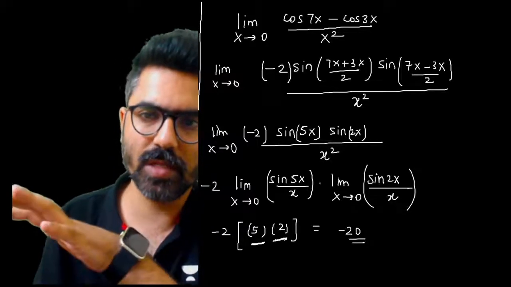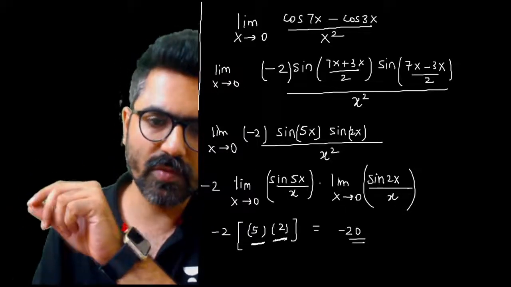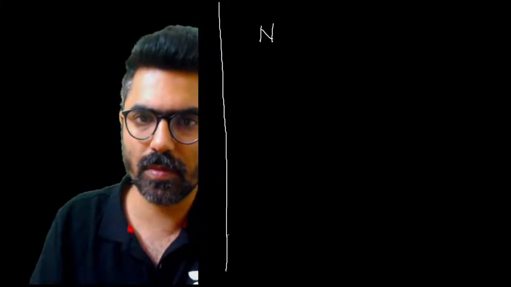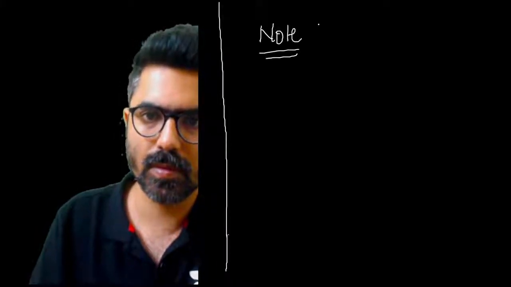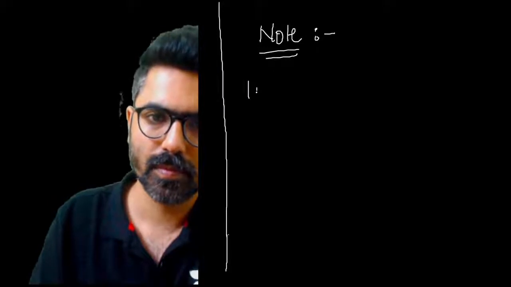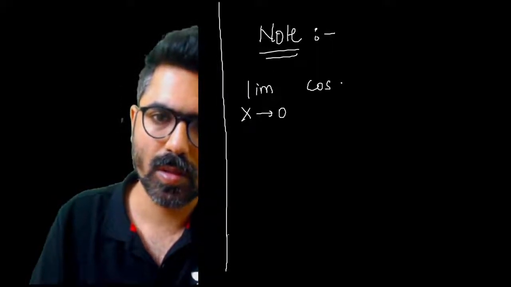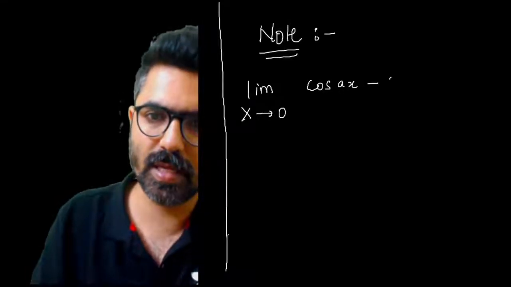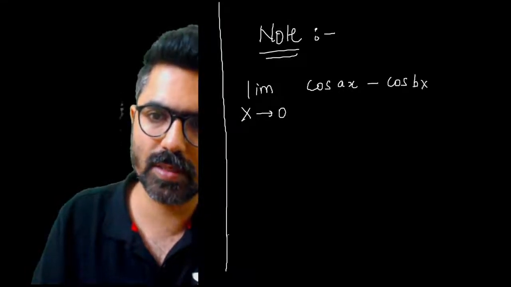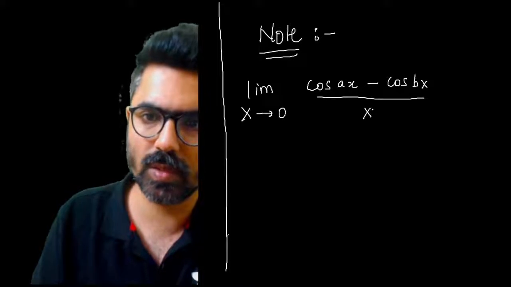A very basic question. And now if you want, I'll give you a formula or a shortcut for these types also. Let's write a note for this and use it in the previous example. Limit x tends to 0, cos of ax minus cos of bx upon x square.